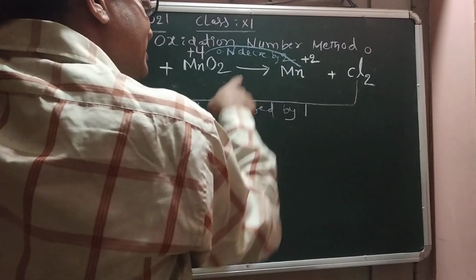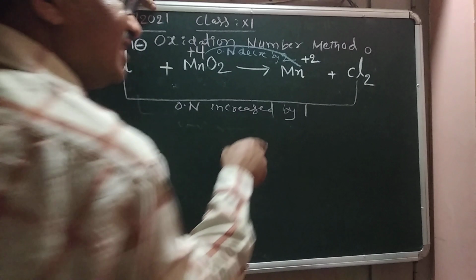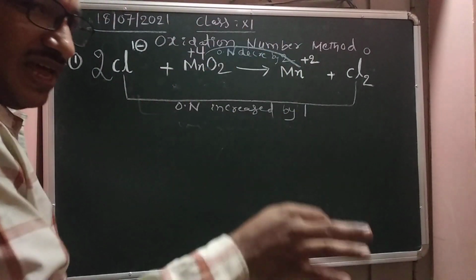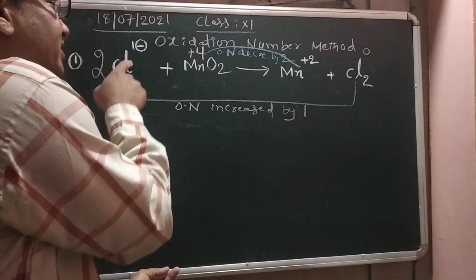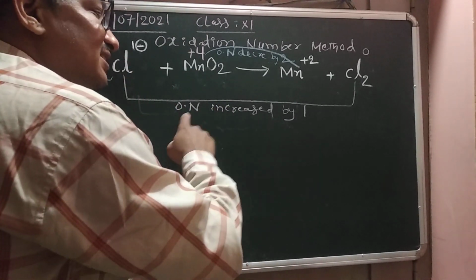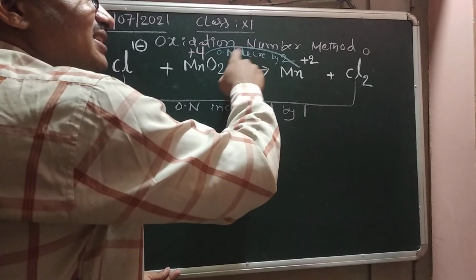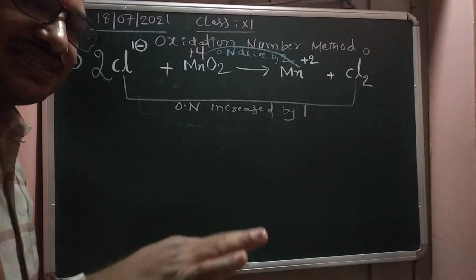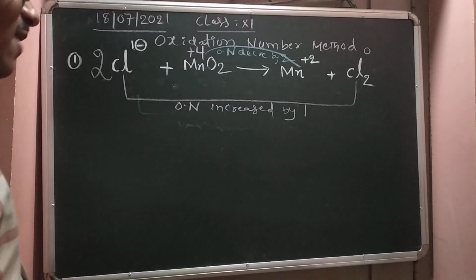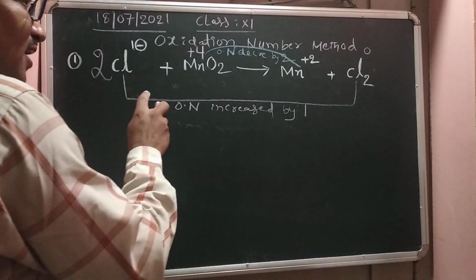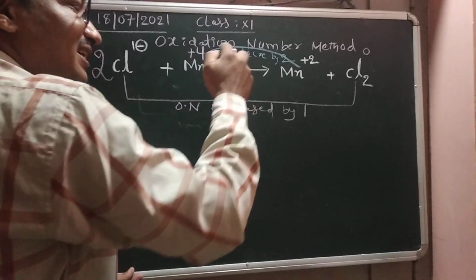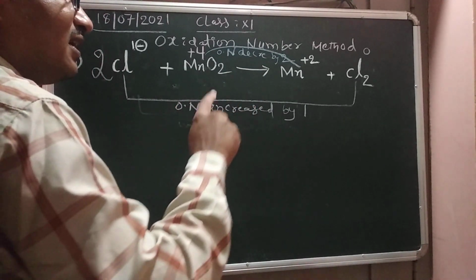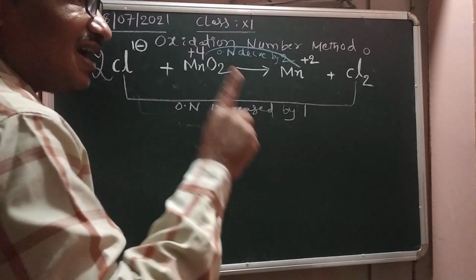Now the increase in oxidation number and the decrease in oxidation number are balanced. If it is not balanced, we have to balance it. Now when the increase and decrease in oxidation states are balanced, I have to check the remaining elements other than hydrogen and oxygen.